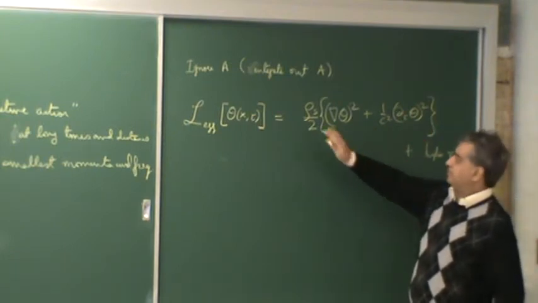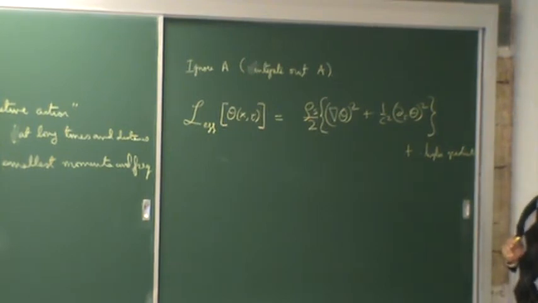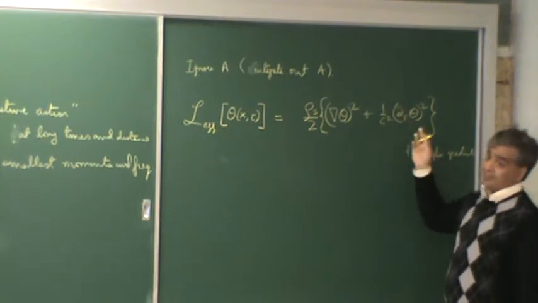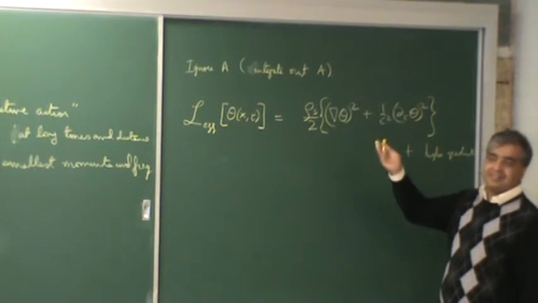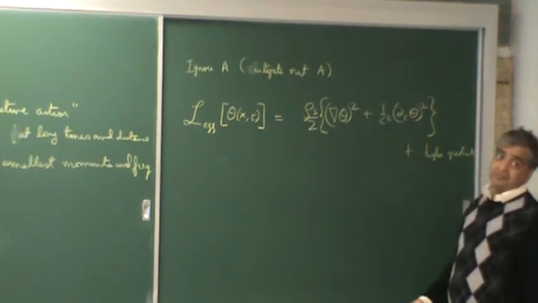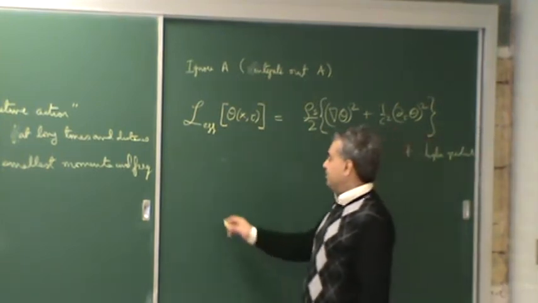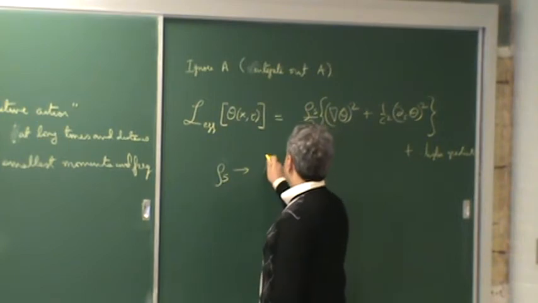I have two numbers, rho s and c, that are going to characterize my long distance fluctuation. So c is clearly a velocity just by dimensional analysis. It's not the velocity of light, it's some number. It will turn out to be the velocity of sound in this fluid. And rho s is the more important quantity, and it has many names. More properly, it should be called the helicity modulus.